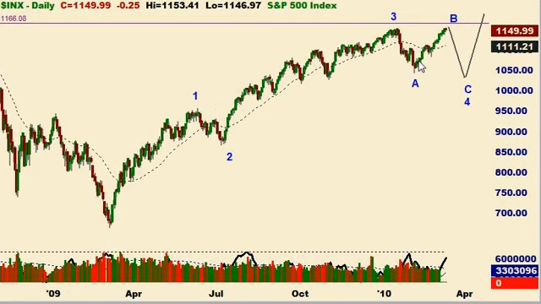We have 2 similar magnitude corrections in the wave 2 and possible wave 4, or A of 4 position. Moreover, we have a fairly extended wave 3, and the bottom line is we've already made new highs, so you've got to count this as a corrective decline by definition. Again, I favor that that's just A of the corrective decline, and we shall see.